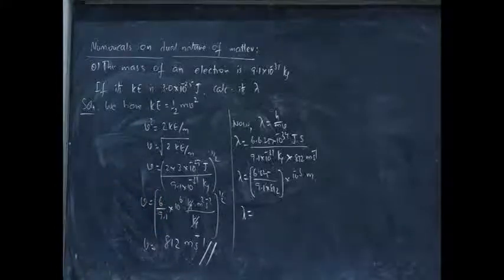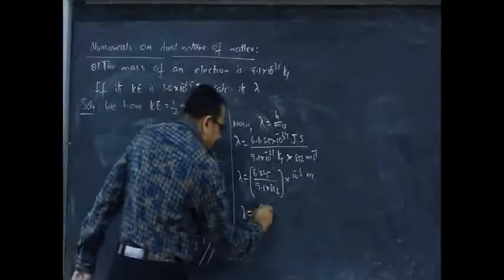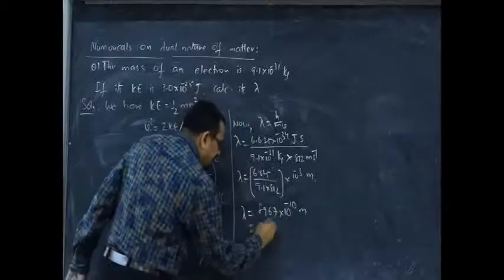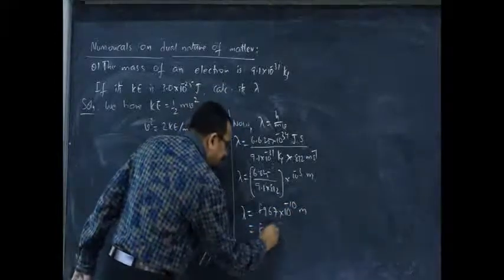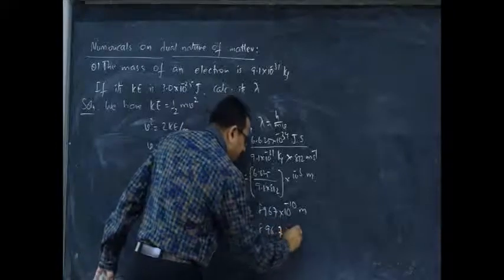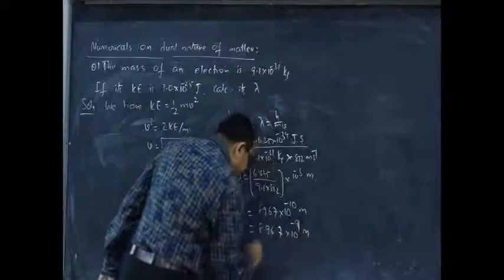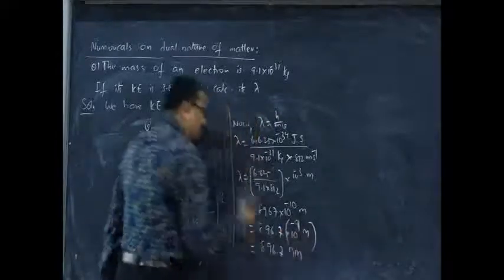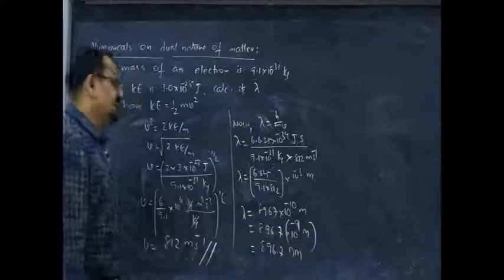So, this product will be approximately 8967 into 10 power minus 10 meters, that is 896.7 into 10 power minus 9 meters, which is nothing but 896.7 nanometer, because we have 10 power minus 9 meters as nanometer.